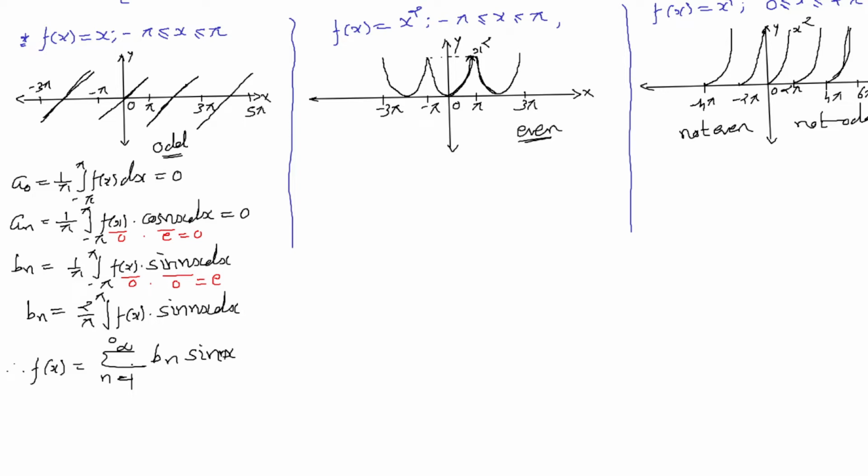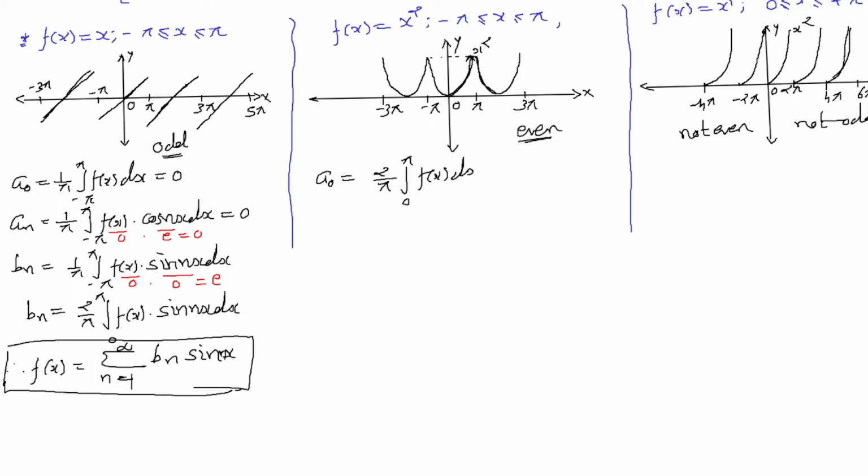This is the only Fourier series when the function is odd. Here what happened? For an even function, a0 can be represented by 2 upon pi integration 0 to pi f of x dx. I am writing it directly. Would it be okay for you people?